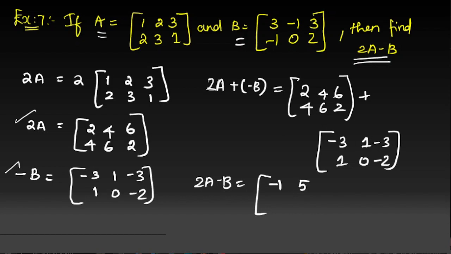Then 6 plus minus 3 is 6 minus 3, so that is 3. Then 4 plus 1 is 5. Again 6 plus 0 is 6. Then 2 plus minus 2 is 0. So your answer is going to be minus 1 5 3, 5 6 0.